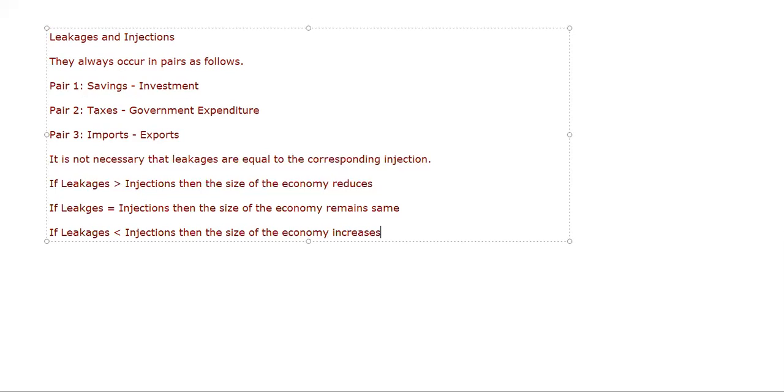Many countries' governments actually run fiscal deficits, which means the government spends more than what they earn by taking loans and things like that. So in that case, leakages are less than injections and the size of the economy increases.